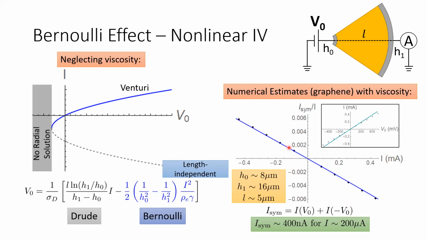These points are the numerical data, and the lines are the analytical result from before. As I've tried to argue, and is again shown here, the neglect of viscosity in this calculation is a pretty good assumption. So what you get at the end of the day is that you expect current deviations from linearity of about 400 nanoamps for about 200 microamps of input current. Or if you like thinking of it in terms of Reynolds numbers, this is about 1 over 1,000.